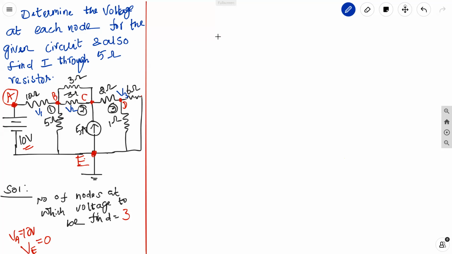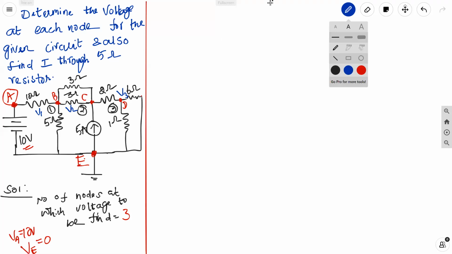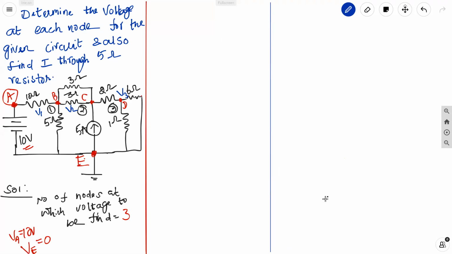The same approach: now let us apply Kirchhoff's current law, KCL, at node number 1.